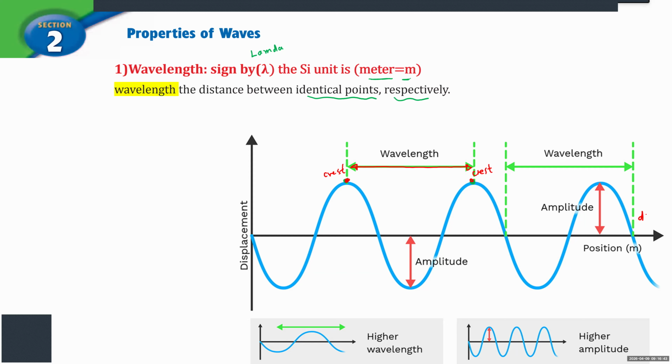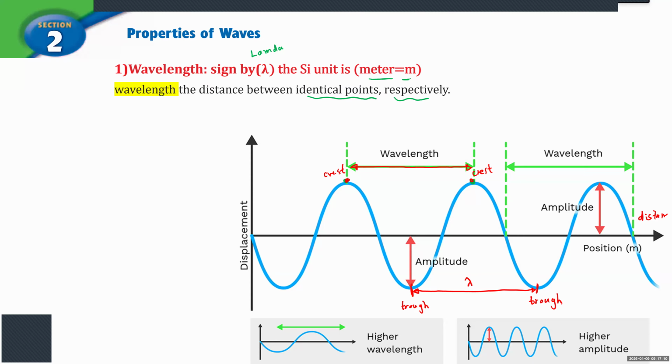So here, the distance between two crests, or the distance between two troughs, is also the wavelength. Because the definition says the distance between identical points respectively. So this is also lambda, the distance between trough and trough.